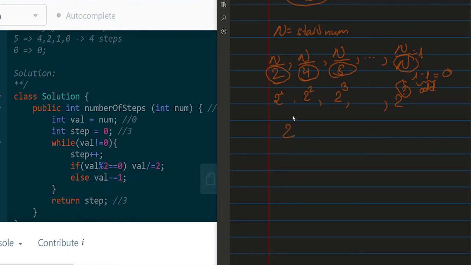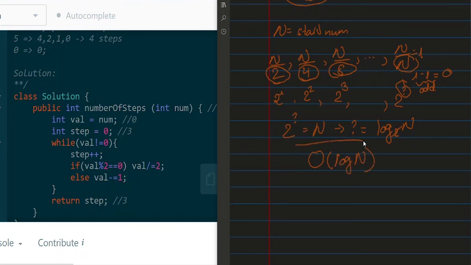So 2 to the power of question mark equals n. And this is basically a log operation. The question mark would equal log base 2 of n. And in big O notation, we don't care about the base either. And so the runtime complexity would equal big O of log n.